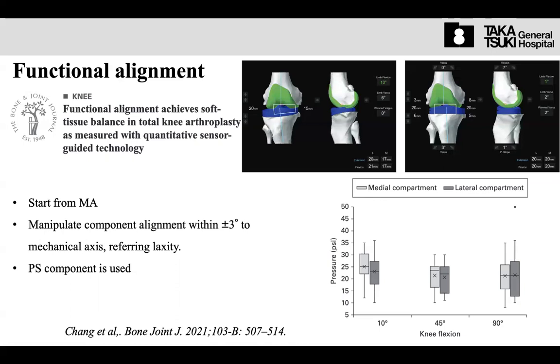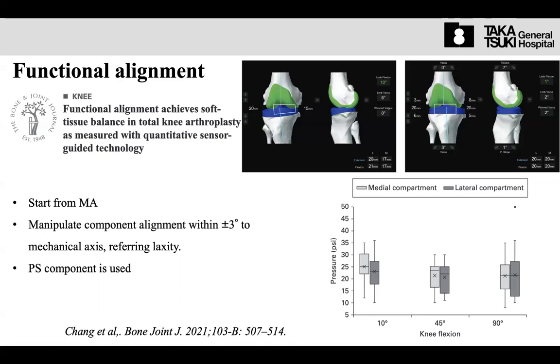So functional alignment is maybe, to some extent, a case of the gap balancing technique. In the gap balancing technique, we adjust only the extension and flexion, 0 degrees and 90 degrees flexion. But using a robot, we can adjust every knee angle using the computer. So how do you do the gap balancing technique in the company?